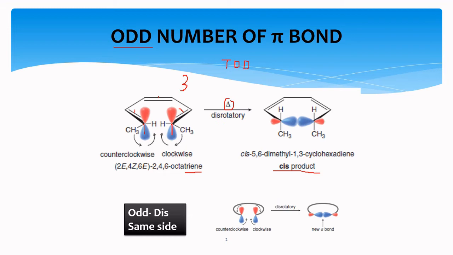Remember that a product of electrocyclic ring closing usually has one less pi bond compared to the reactant. And usually for odd and disrotatory, the light phase is on the same side.